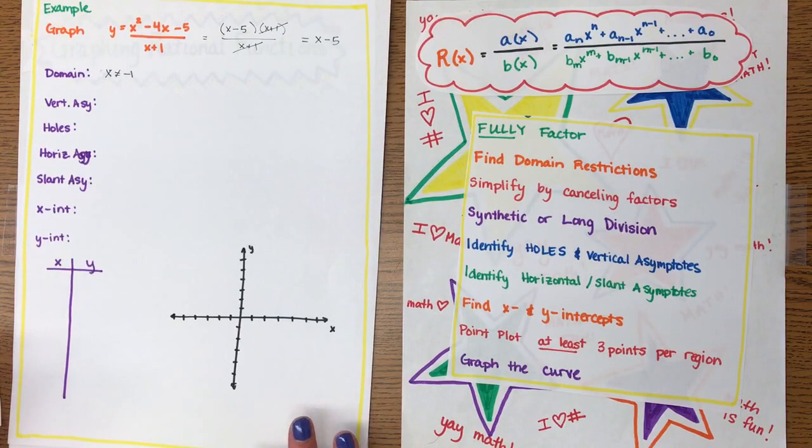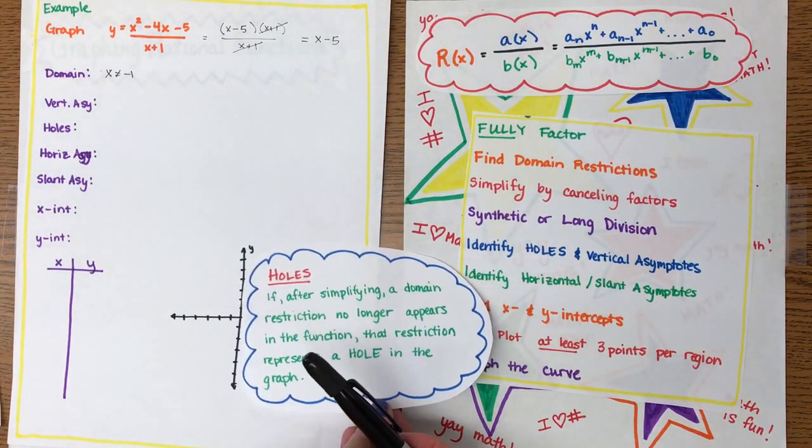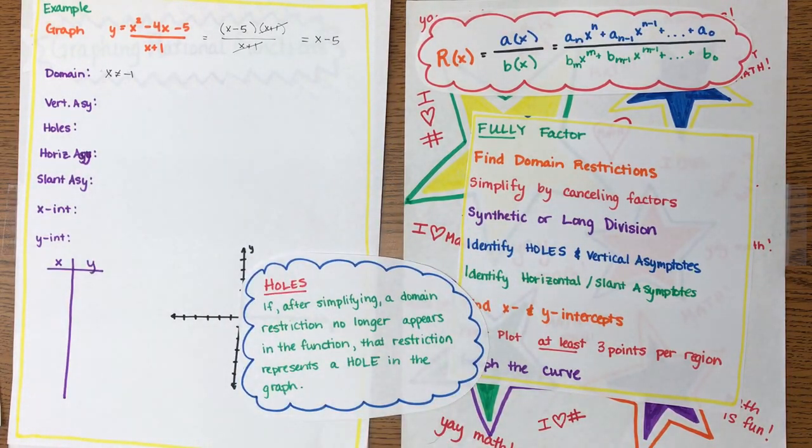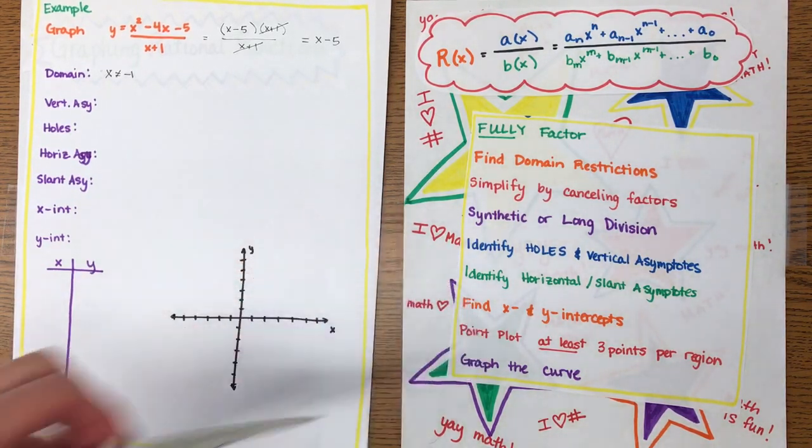So thinking back to when we were looking at holes, any factor that cancels out after division or after a simplification is going to be a hole.